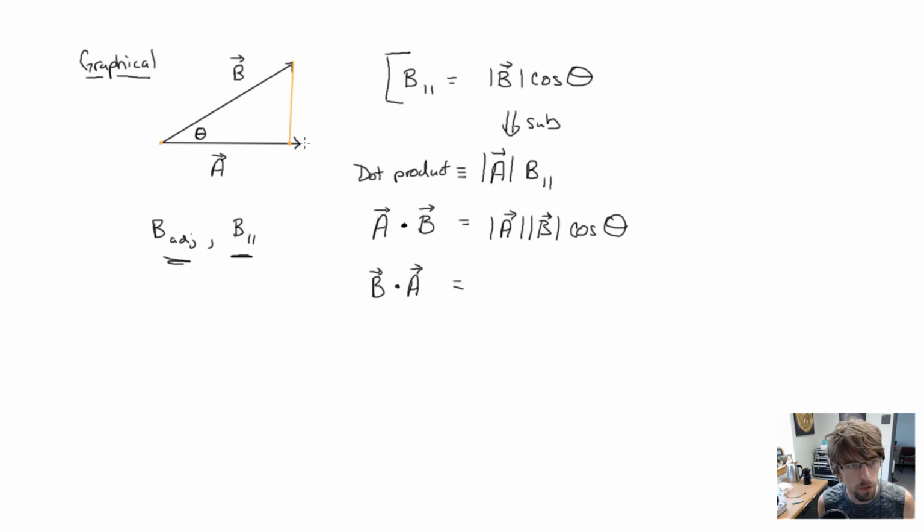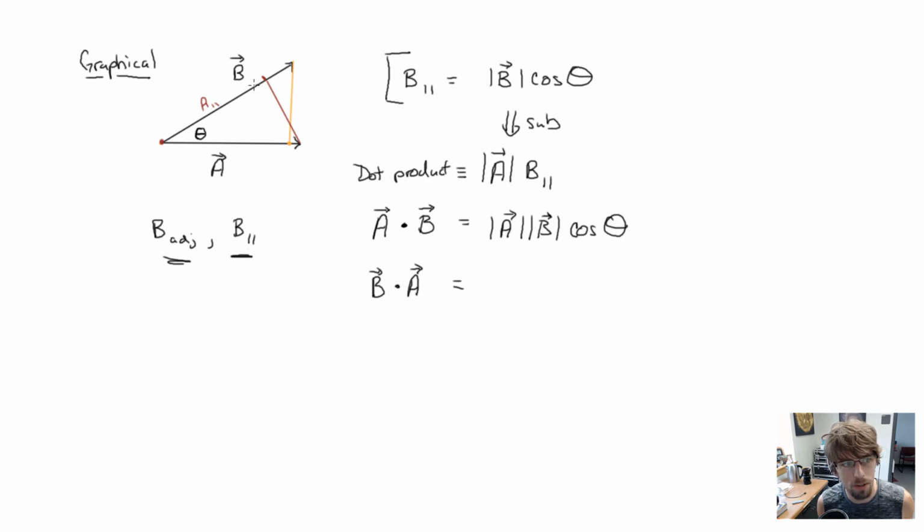Let's look at that. So the first thing I need to do is drop a perpendicular from the tip of A to B. Boom, there we go. And I say, okay, well, this distance from here to here, that would be A parallel, the parallel component of A with vector B, or the component of A that is parallel to B. And hopefully you see already, wait a minute, I'm still using the same angle.